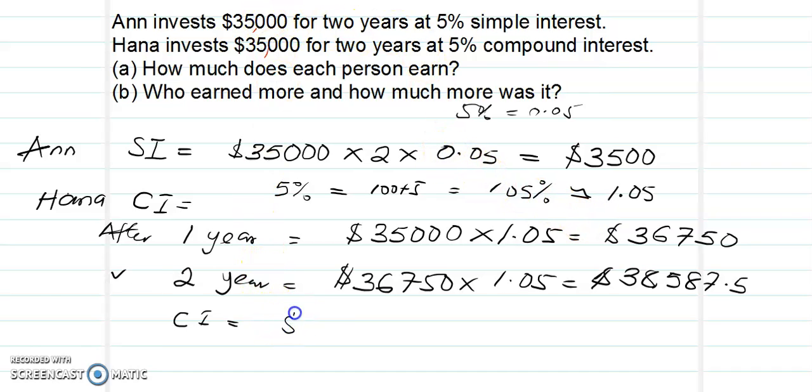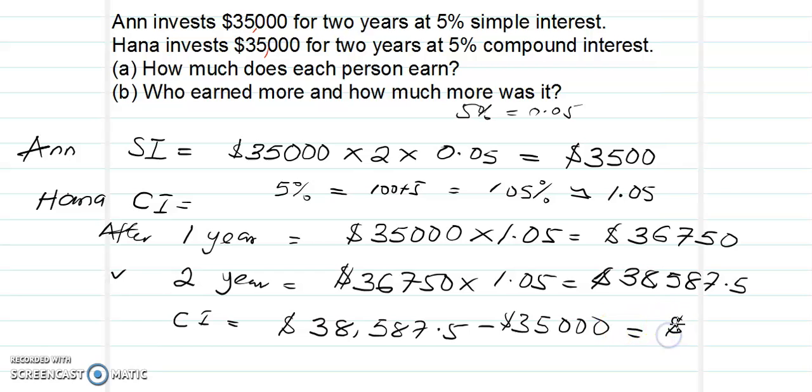So that gives us 38,587.5 minus $35,000. If you subtract, what do you have? We have 3,587.5.